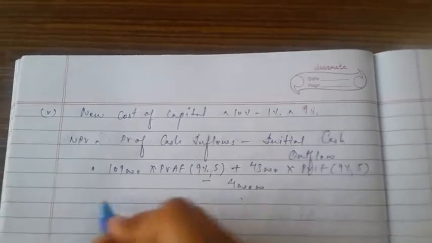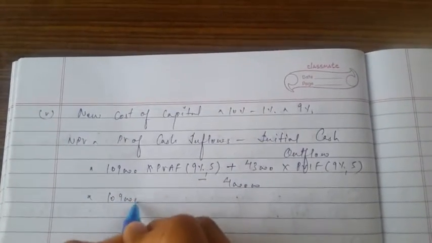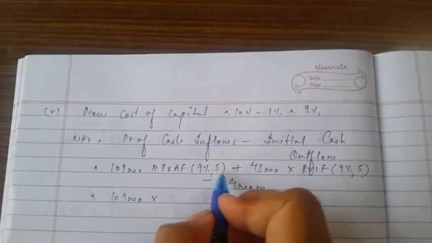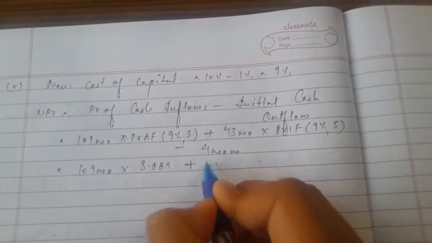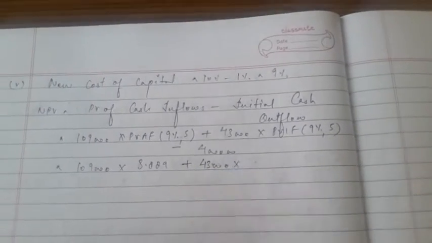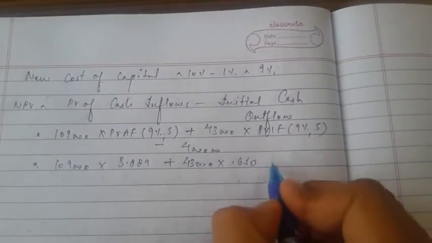So it is 1,09,000 into PVAF at 9% and 5 years, which is 3.889, plus 43,000 into the PVIF, which is 0.650, minus 4 lakh.